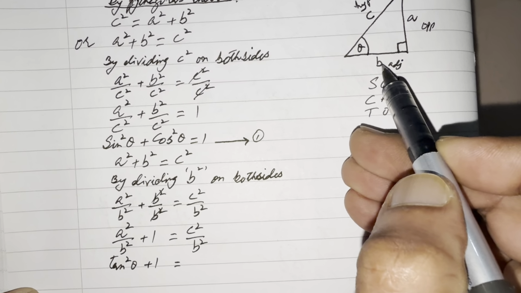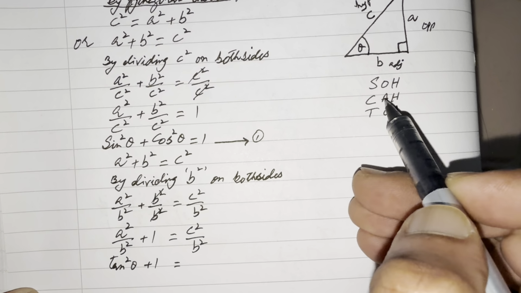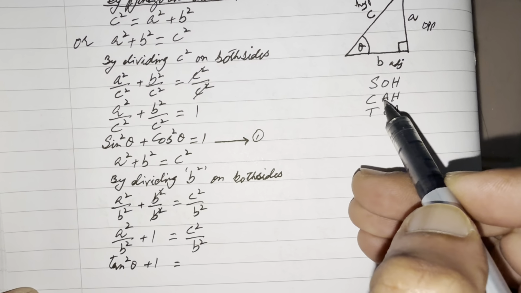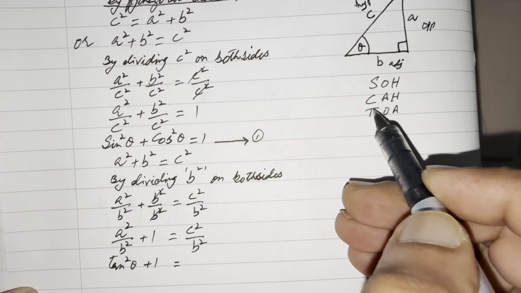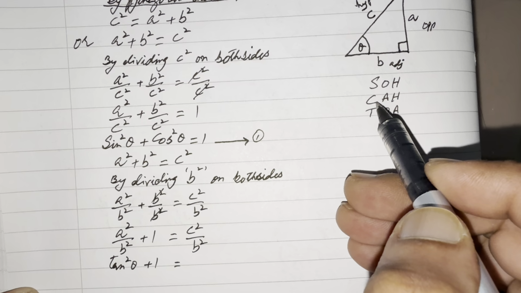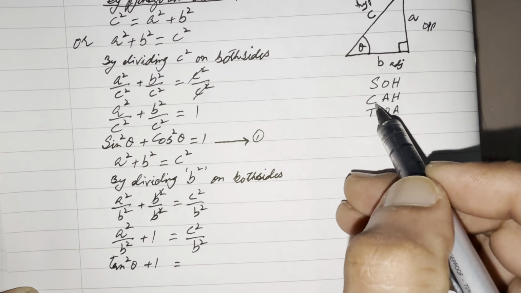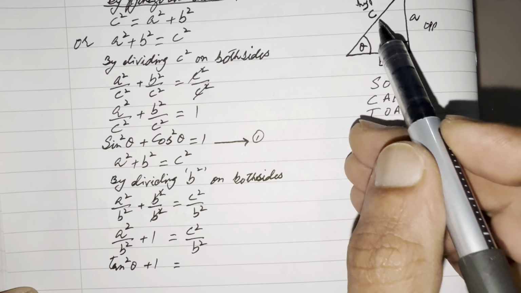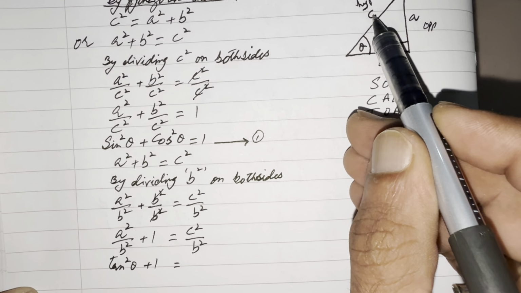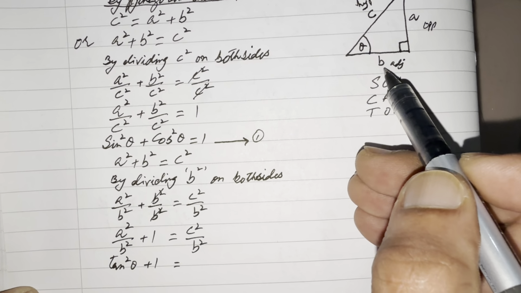So if we use the word CAH, cos is equal to adjacent over hypotenuse. So the reciprocal of cos is secant. So secant will be equal to c hypotenuse over b adjacent.